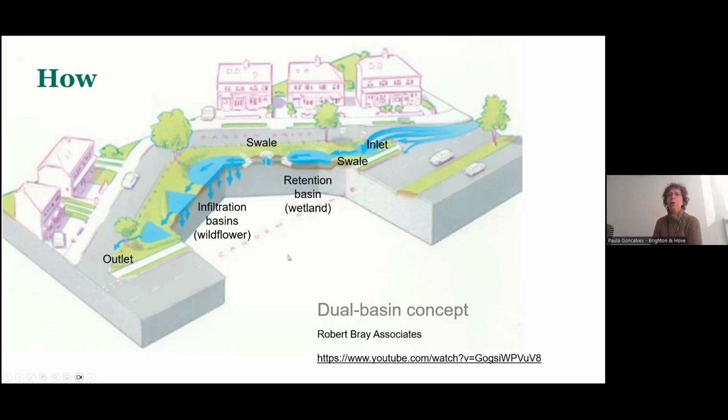So this is the dual basin concept, and it permeates the whole SuDS project. Phase 1 is quite flat, and I'll show the pictures, whereas phase 2 is very, very steep. So the design varied a little bit. There were some cascading devices put there to stop the water. You'll see in the picture.